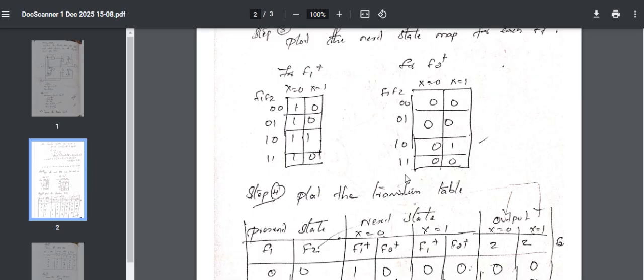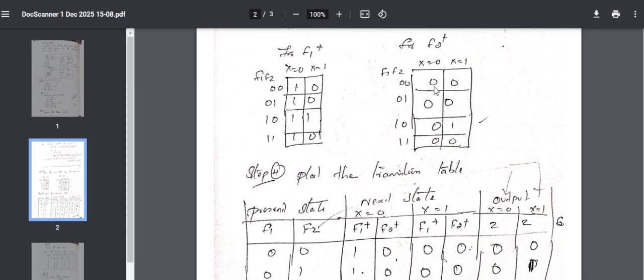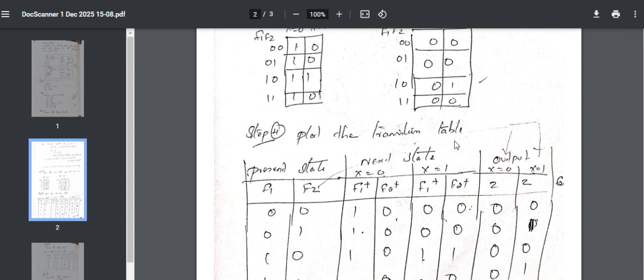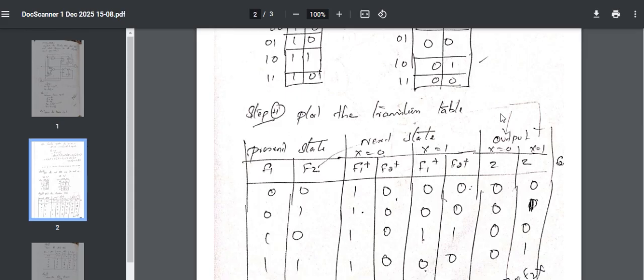Similarly, in the next state, F2 plus for x equal to 0 and F2 plus for x equal to 1 are taken from the step 3 F2 plus table. This as it is, you take this 0000, write it here, and 0010 in the F2 plus table is written for x equal to 1.